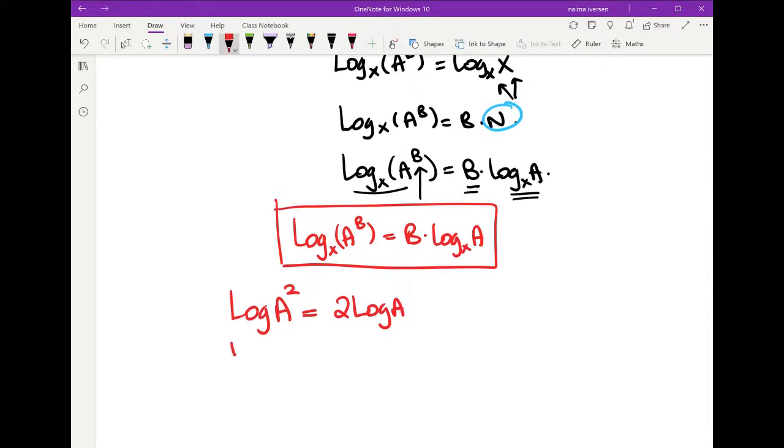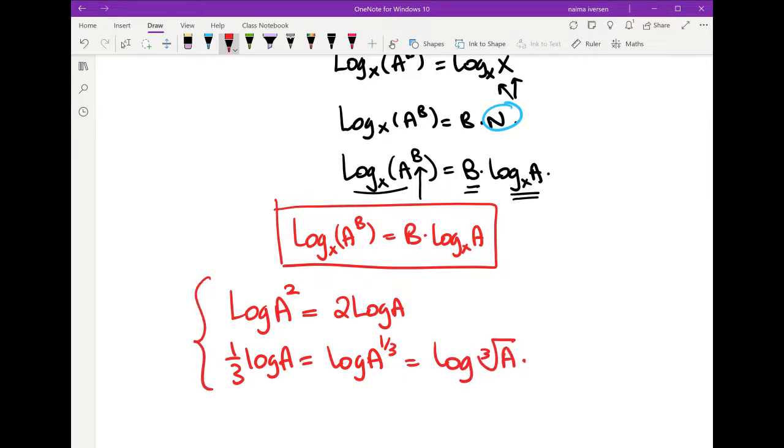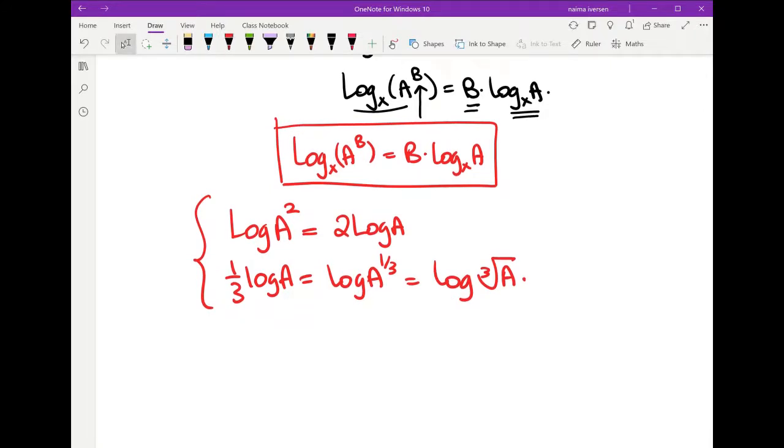Or if I had 1/3 log of a, I could also write this as log of a to the power of 1/3, or even log of the cube root of a. So this is how we can use this idea. That coefficient in front of the logarithm is actually an exponent.